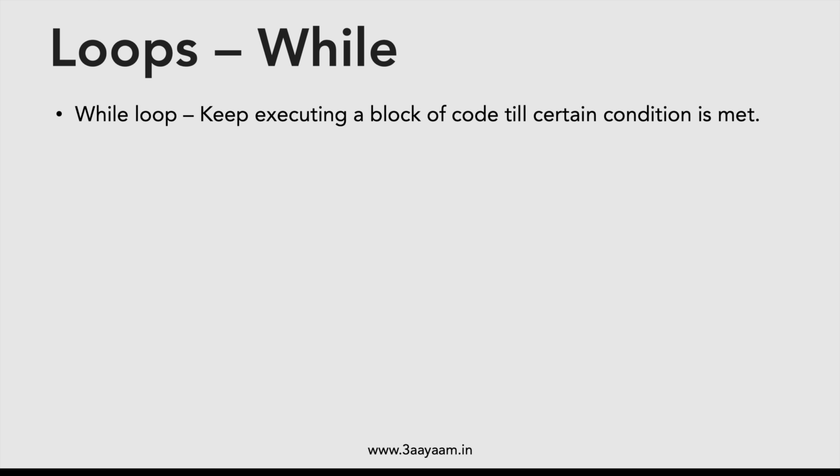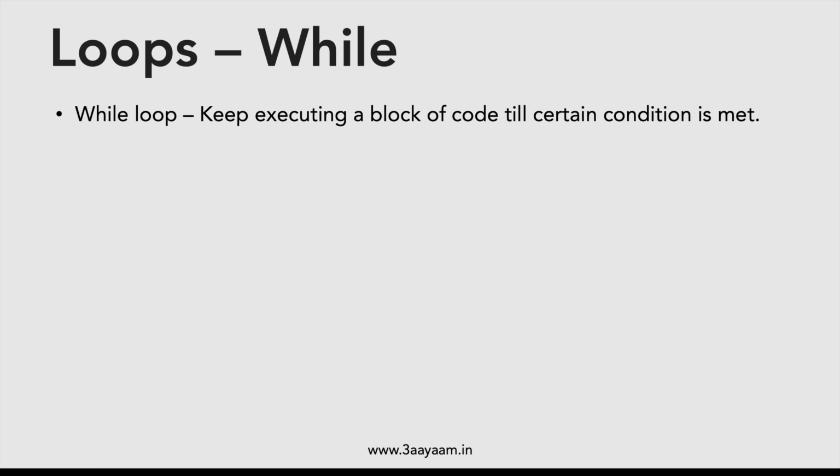What happens in while loop is that the code block gets executed until a certain condition is met. If the condition does not meet, that execution will stop. So while loop keeps executing a block of code till that particular condition is met.